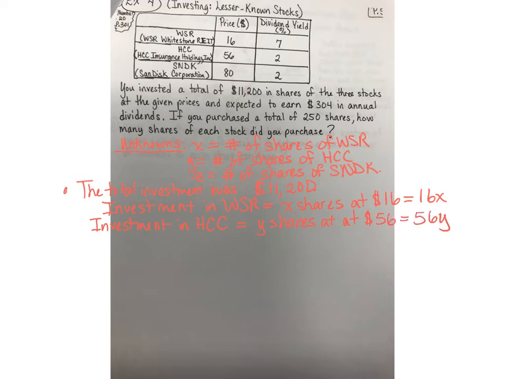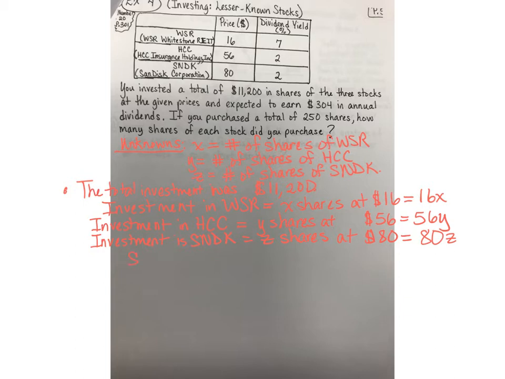And similarly, we can write down the investment in SNDK is equal to Z shares, which means this is equal to 80Z, right?